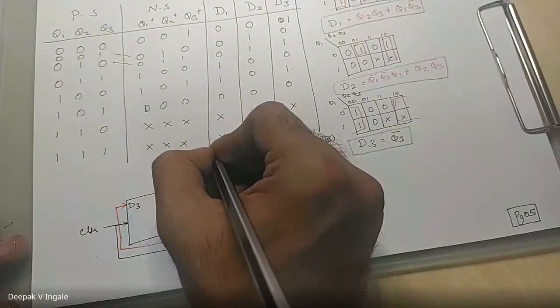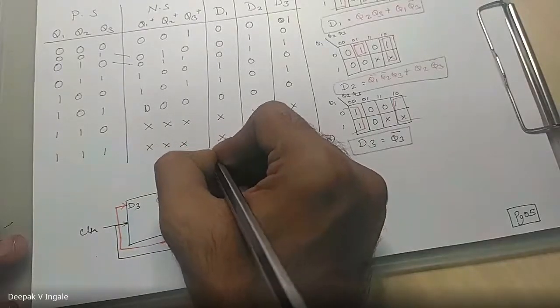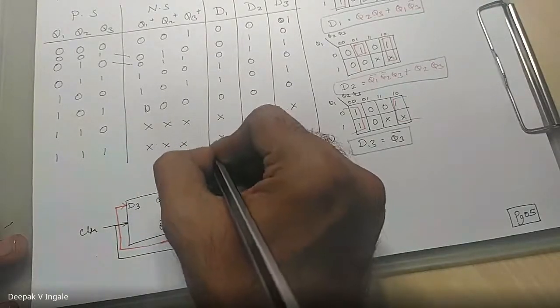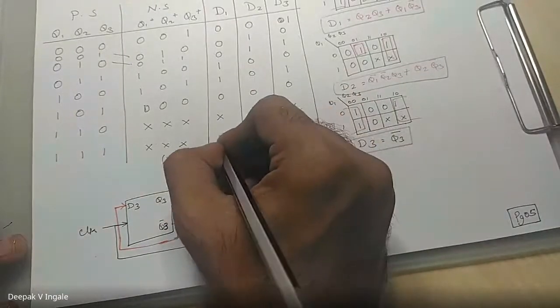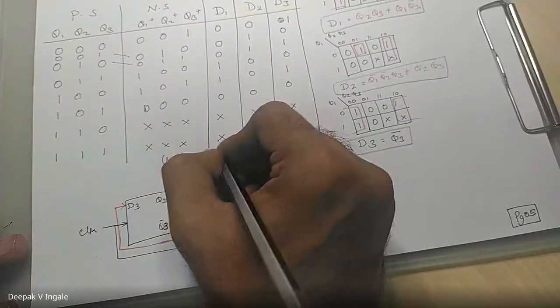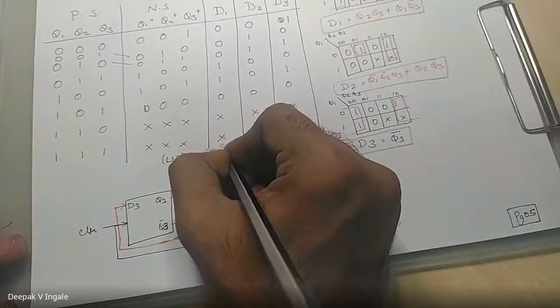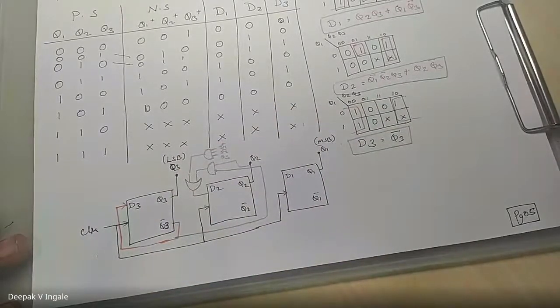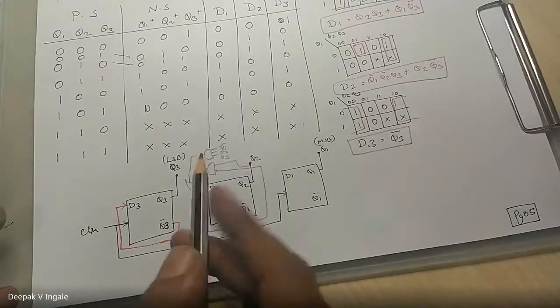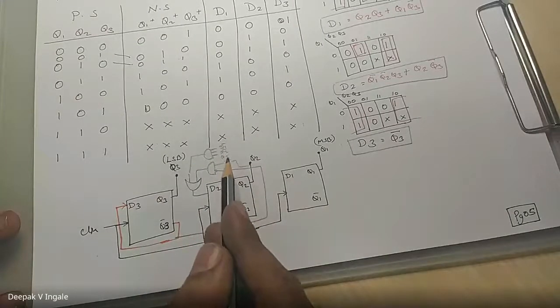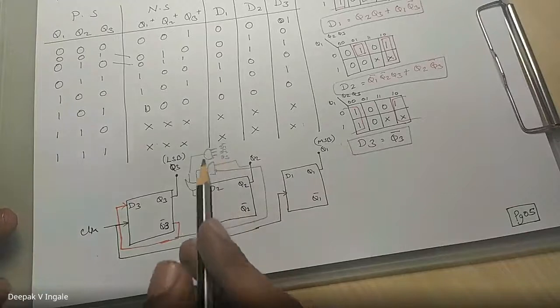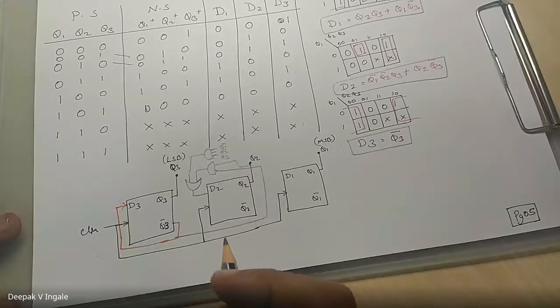Okay, the other one will be from one more AND gate, which will take 3 inputs. That will be Q1 bar, Q2 bar and Q3. What I have done here is instead of routing wire, I've just written the variable names here. This is also fine. If you do not have space, you can do it in this fashion.